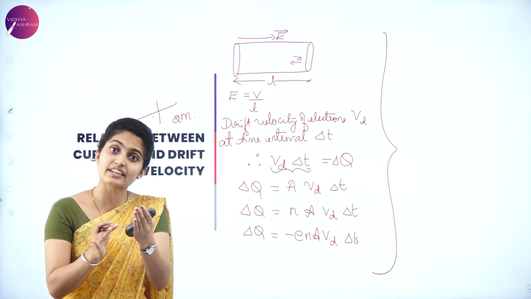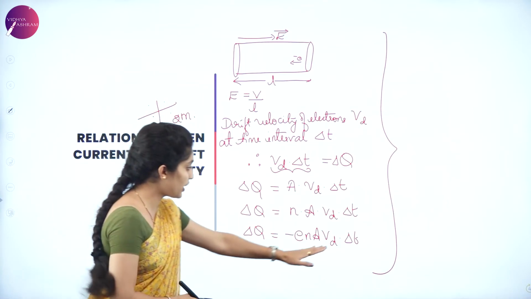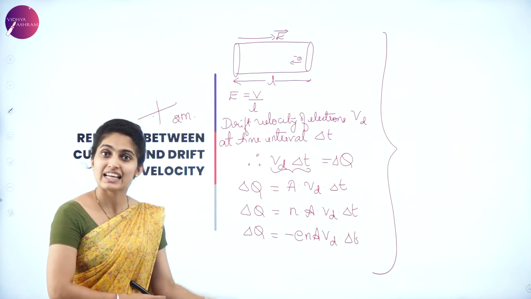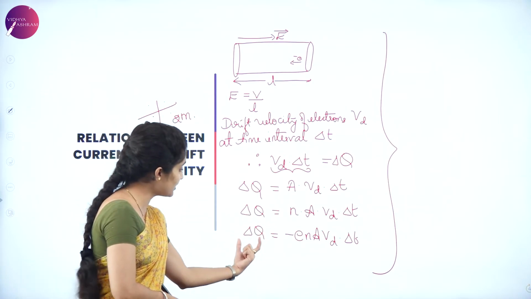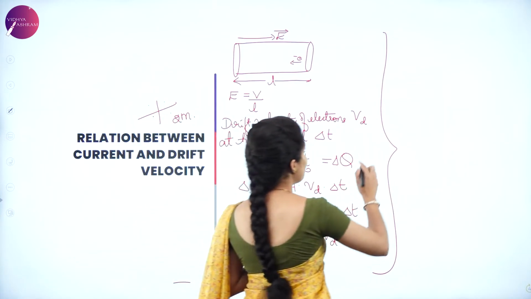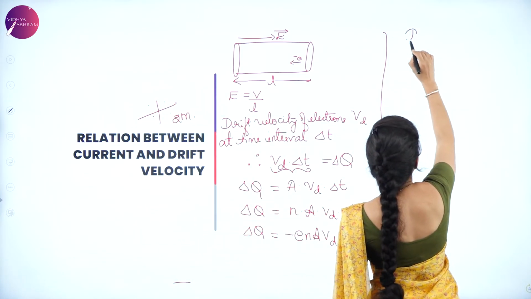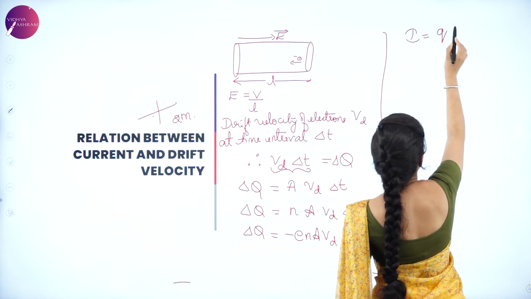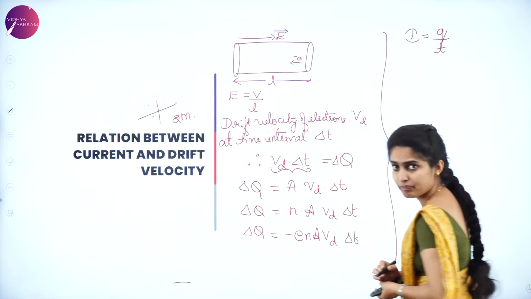So we are very near to relating it, because we already have the drift velocity and we have something which connects the current. Now what is the current? How do you produce current? Current is nothing but the rate of change of charge with respect to time, correct?